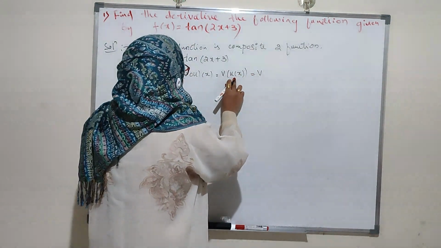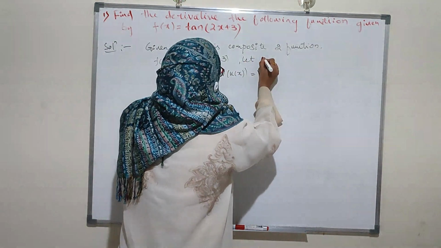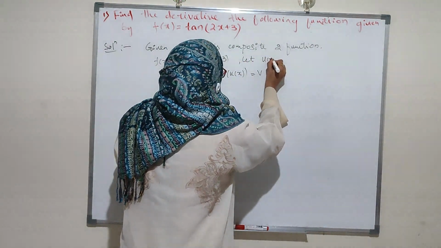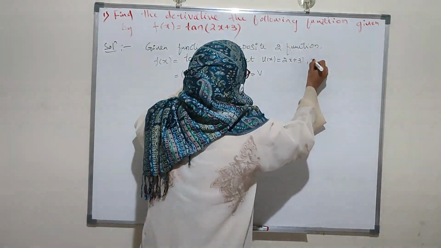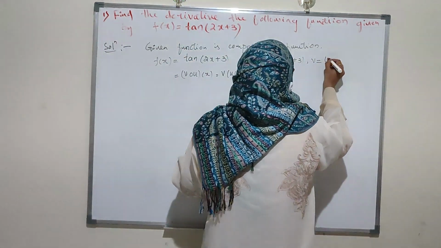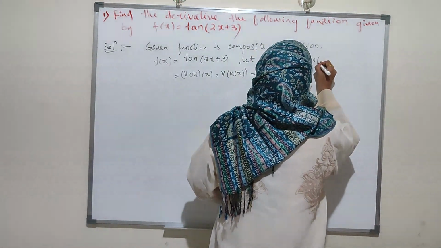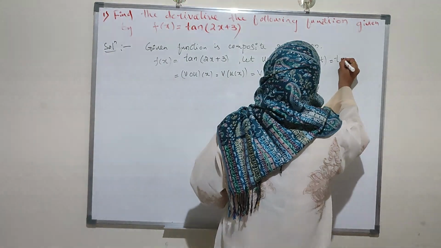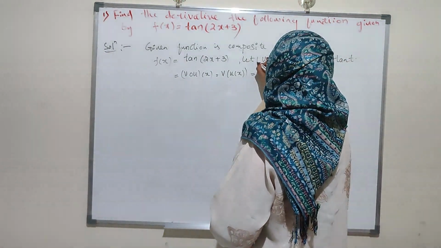So we are taking u of x as, let u equal to u of x equal to 2x plus 3. Okay, and v of t equal to tan of t, and this one is t.